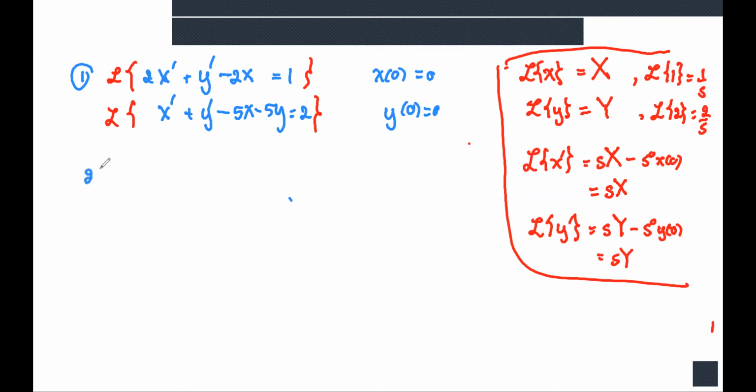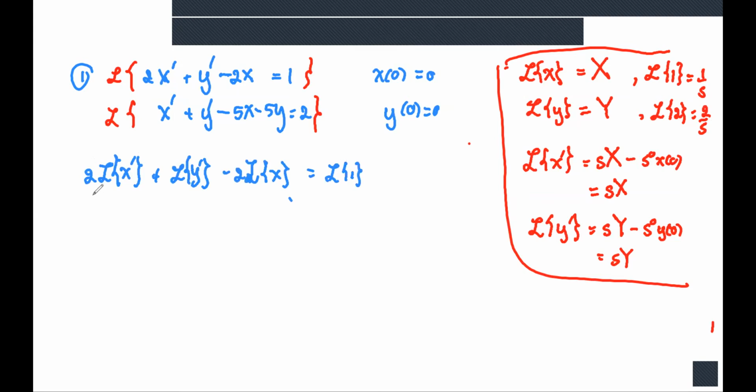I'm going to write one more time. So 2 times the Laplace of x prime plus the Laplace of y prime minus 2 times the Laplace of x equals the Laplace of 1.